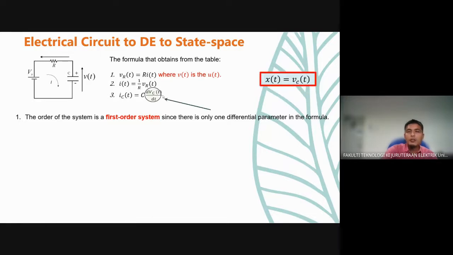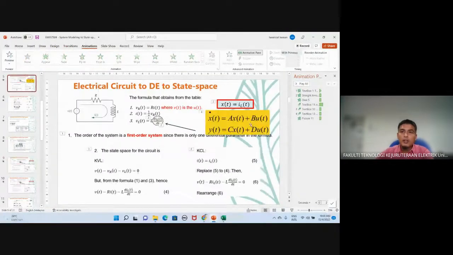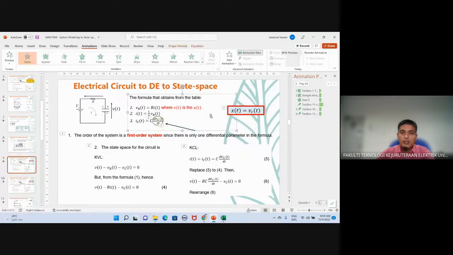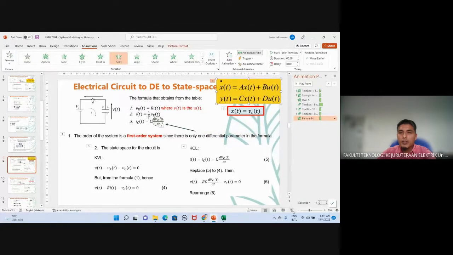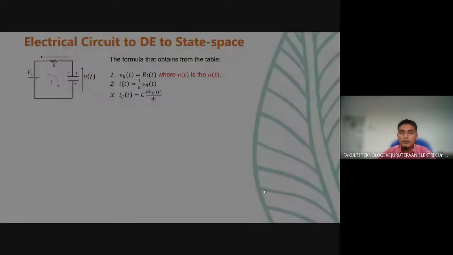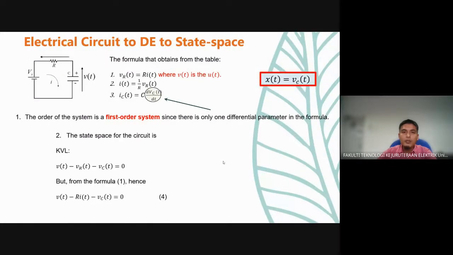Okay, so now as usual, we need to compare. We need to find this state space. So after that, to answer question number 2, we need to find the KVL. Okay, so as usual, we say that VT is the input.